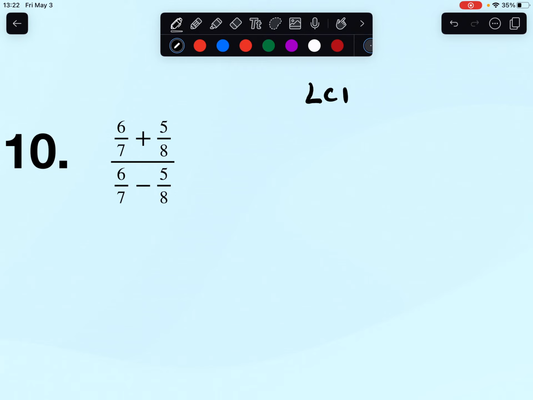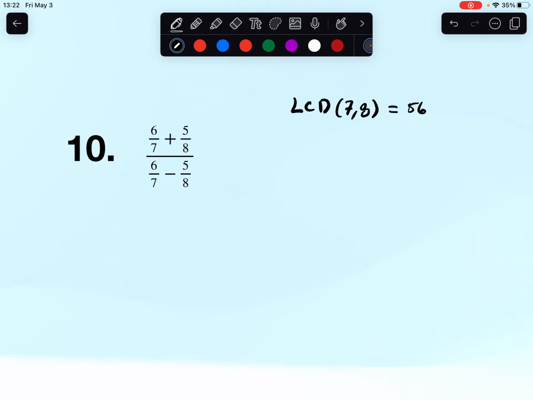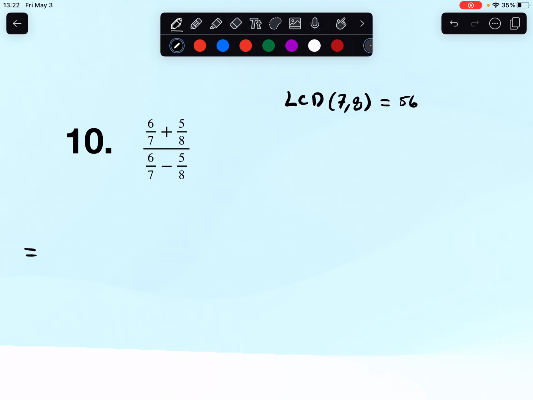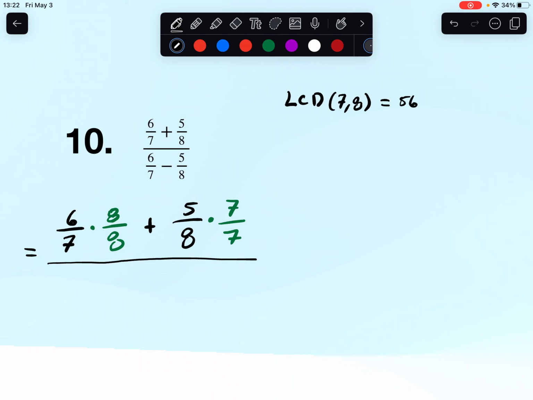What we need to do is find the LCD of 7 and 8. 7 times 8 is going to be 56. That's going to be the smallest number there. So 6 over 7, we need to multiply that by 8 over 8, plus 5 over 8, we need to multiply that by 7 over 7. We call this a complex or compound fraction, because we have fractions in the numerator or denominator, or in this case, both.